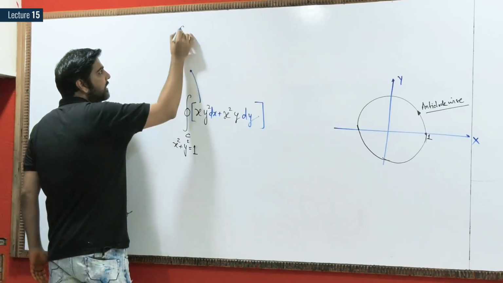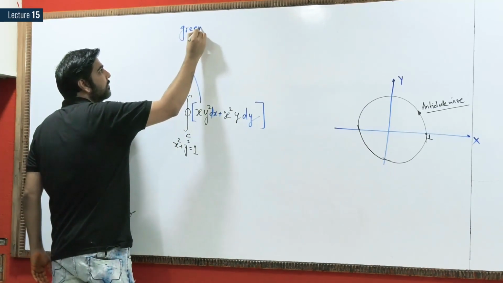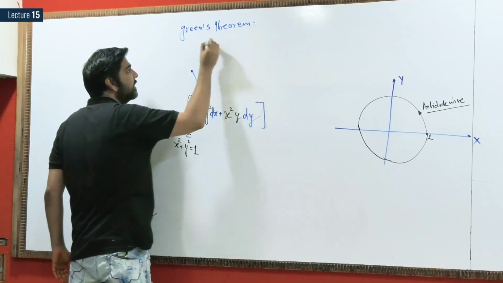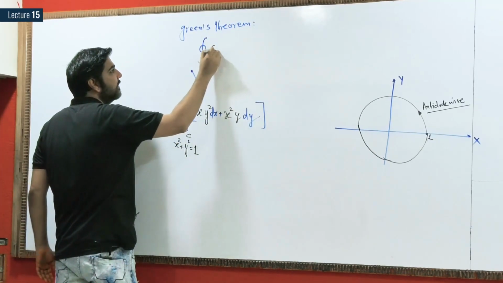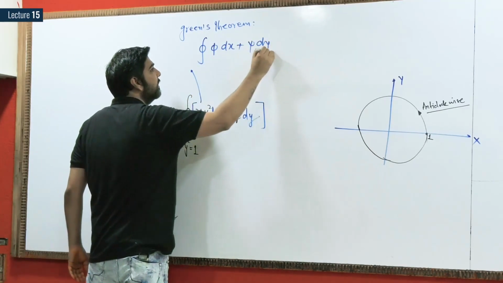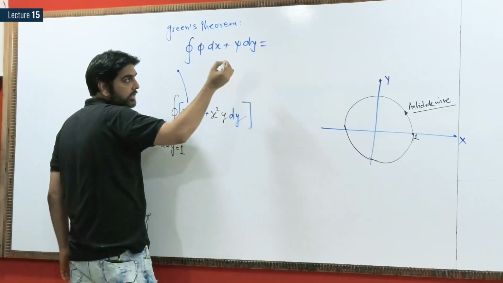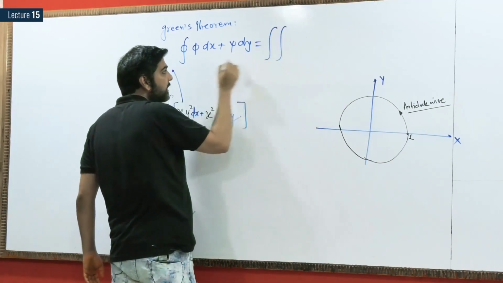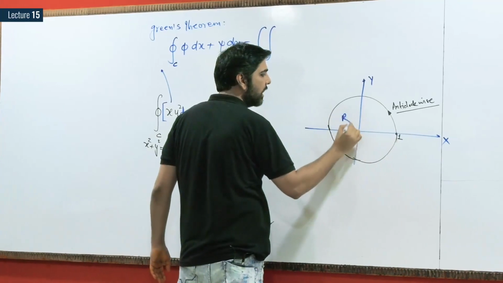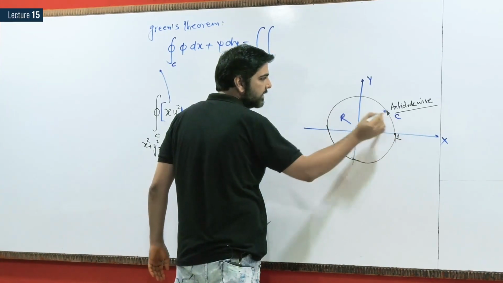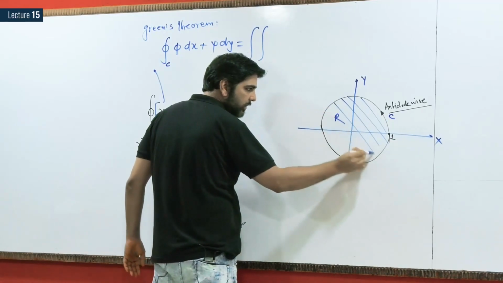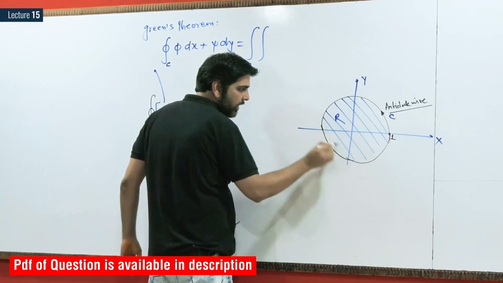So dear students, why is it a 2-second question? Because if you want to apply Green's theorem, integral phi dx plus psi dy is equal to the double integral over the region formed by the closed curve. So I am having this region R, and the closed curve C bounds this region.